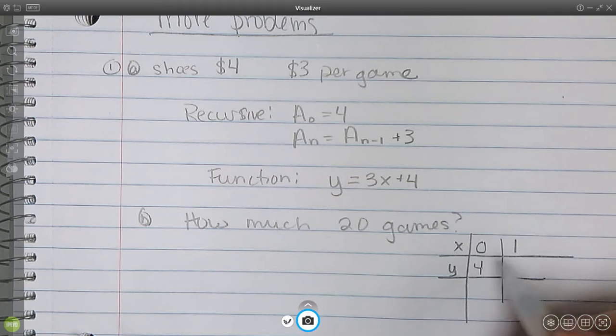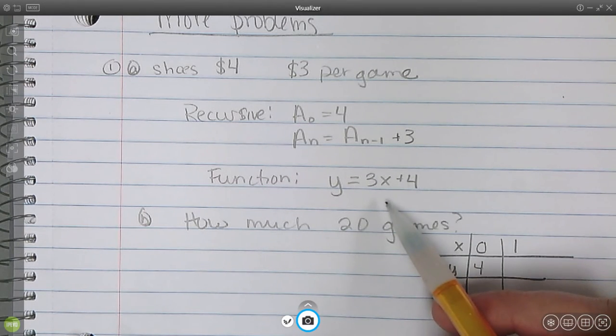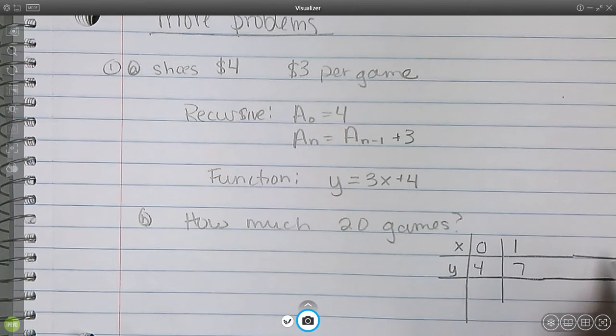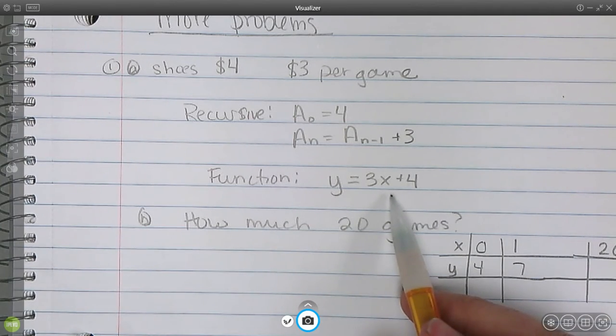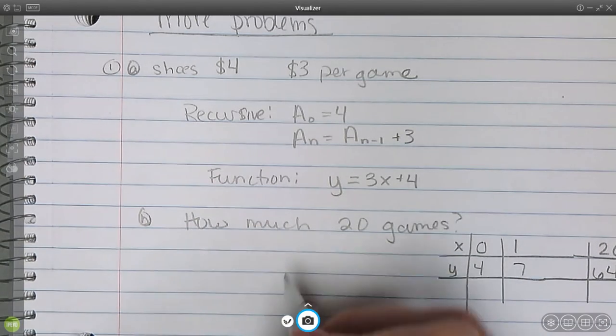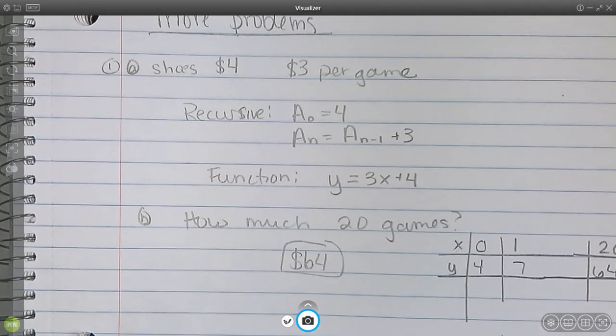If I want to bowl 1 game, if I plug a 1 in here, that's going to give me $7. So now if I want to bowl 20 games, all I have to do is plug 20 in for x, and you get 20 times 3 is 60, so $64. I'm not sure who would be playing 20 games, but if you do, it'd be $64.